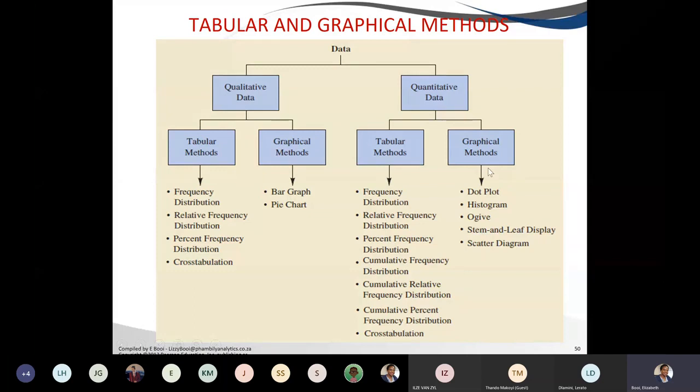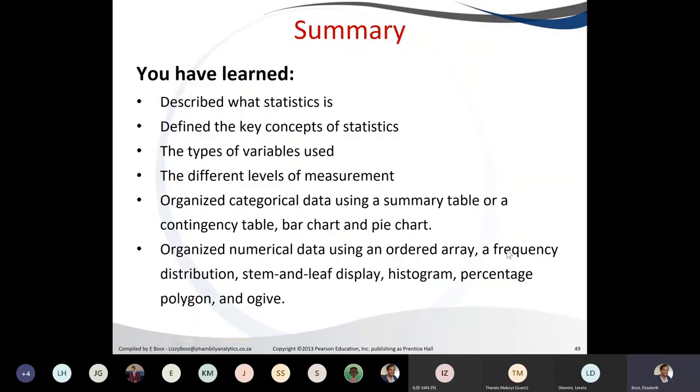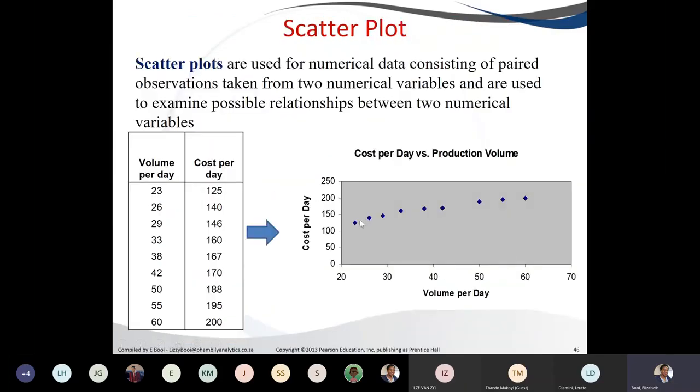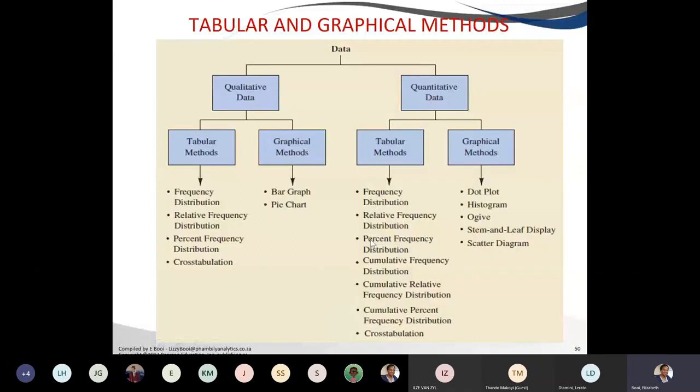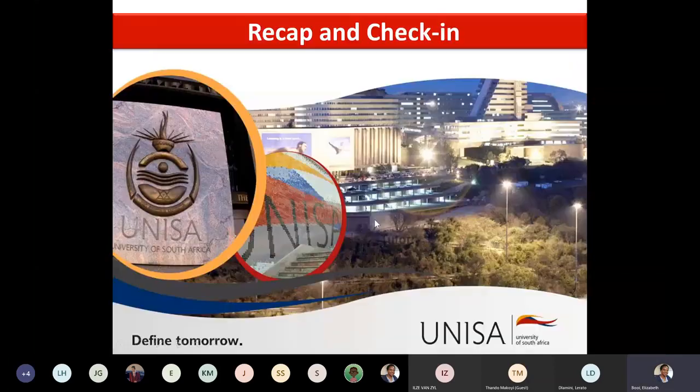When it comes to the graphical methods, we can use the dot plot and histogram. The dot plot is like your scatter plot. It means one and the same thing because we use dots. If you go back just 2 more slides, you can see that they look like almost dots. So we call it a dot plot, or you can call it a scatter plot. So we use a histogram, a stem and leaf, and an OGIF. And thank you, guys.